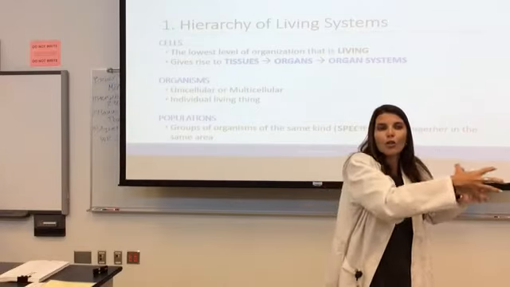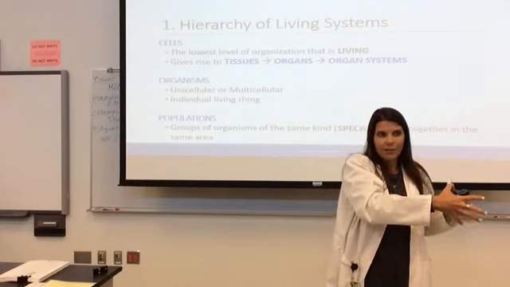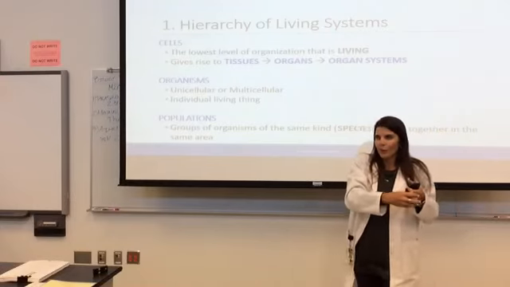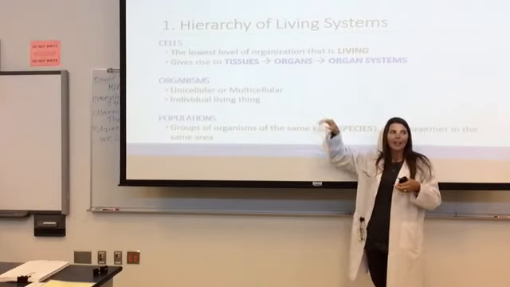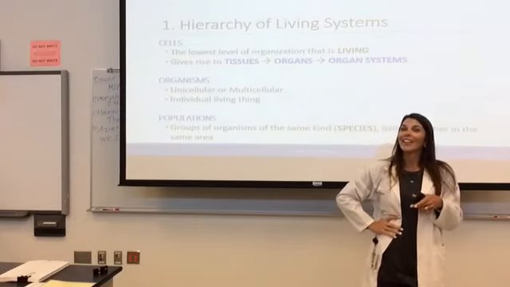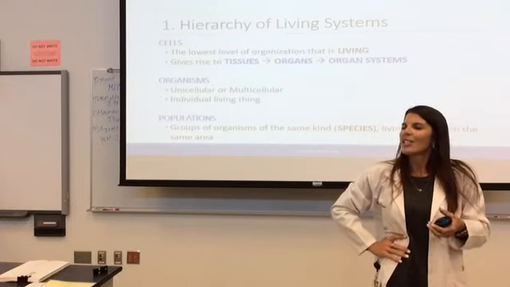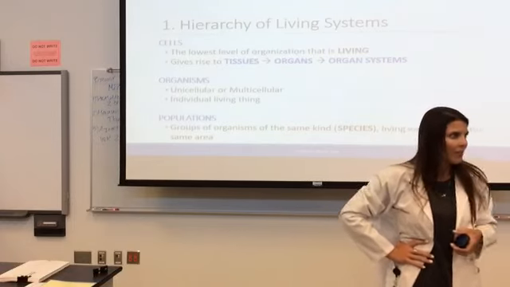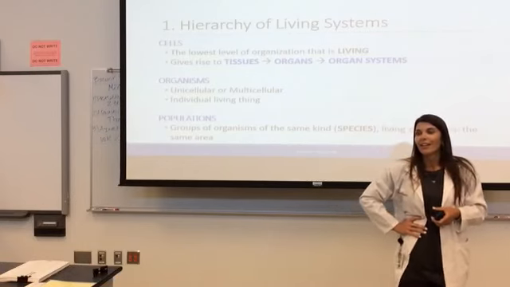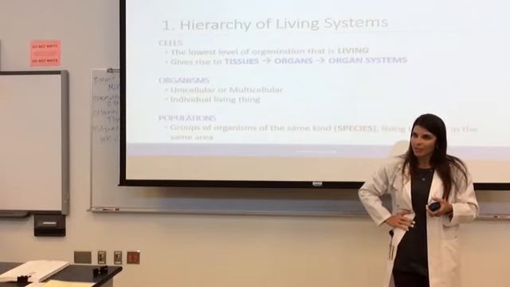It came together to do more. You see where I'm going with this? Fantastic. When I put a bunch of organs together, guess what I make? Organ system. An organ system would be like your heart, blood vessels. That would be your cardiovascular system. Okay? Or your skin, hair, and nails, your integumentary system.